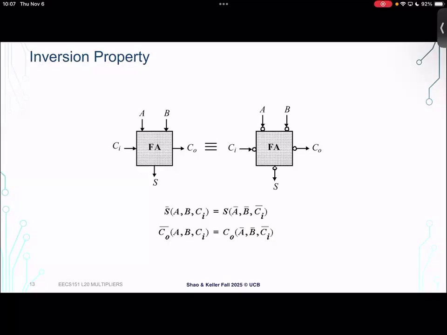And so we can make a sort of inverting version of that full adder cell where, recall, we had those little inverters sitting on the end of the carry out. We calculate carry out bar, and then we invert it to get carry out. Well, if we want to be a little clever, we can just use carry out bar directly in the next stage and skip that inverter.